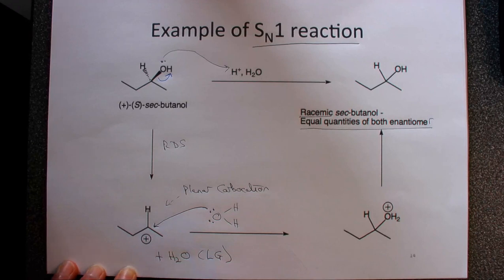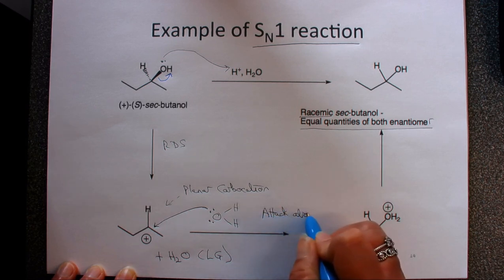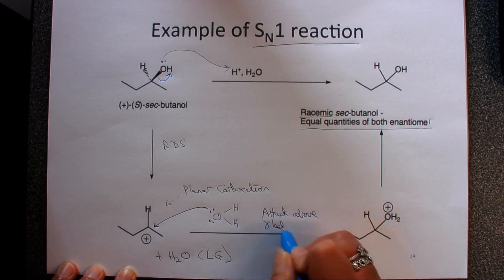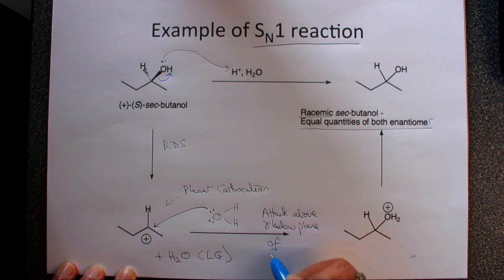That will attack. Remember we said in our generic reaction mechanism that it can attack from above or below this planar carbocation. So that will attack above and below the plane of the carbocation.